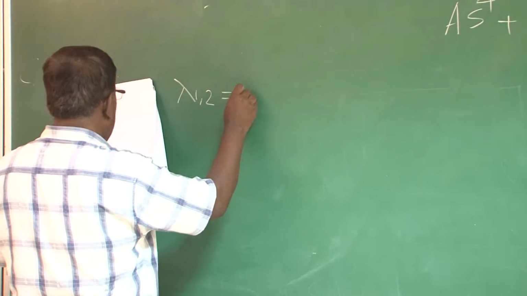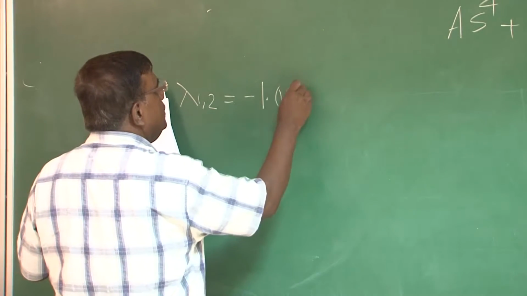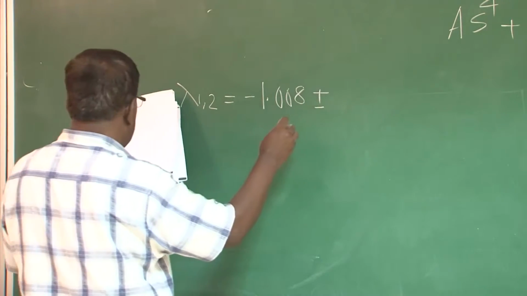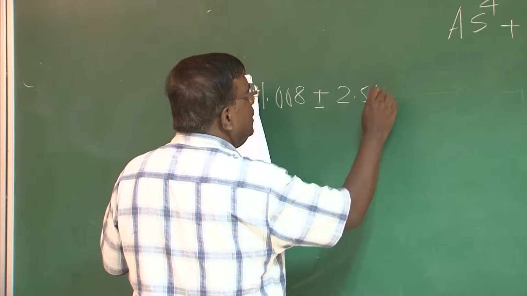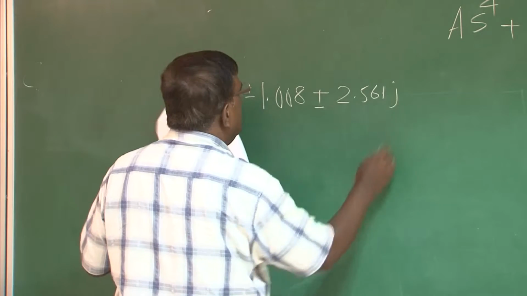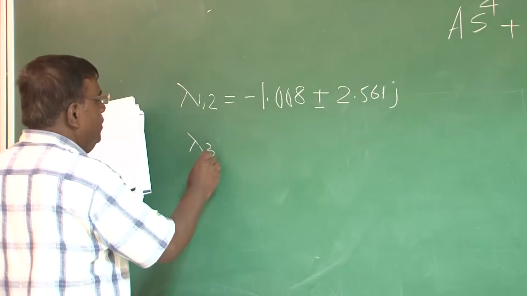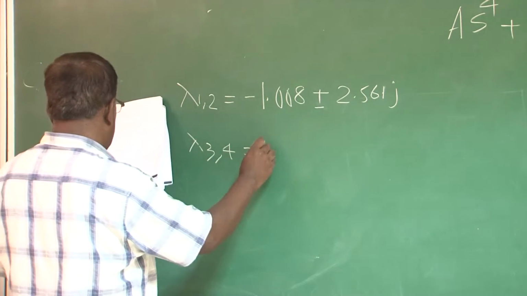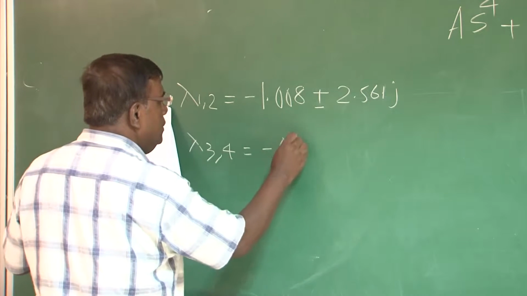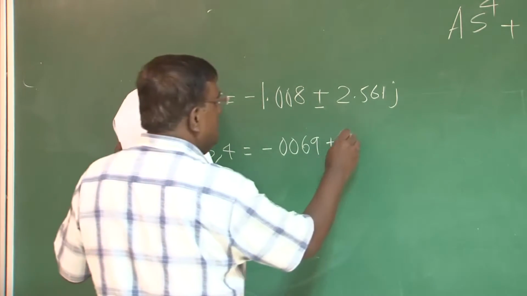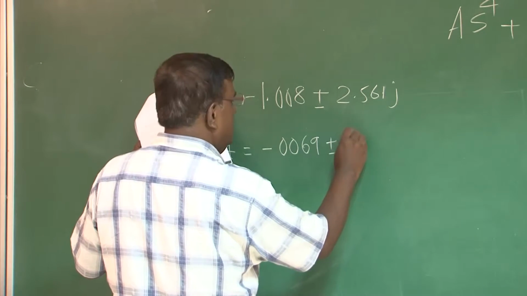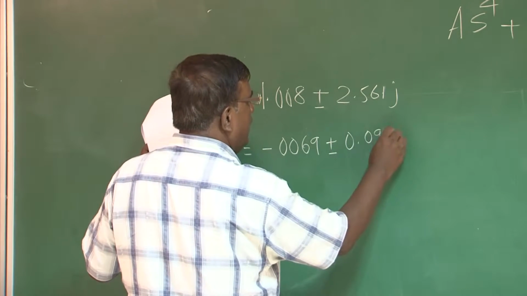Lambda 1, 2 as minus 1.008 plus minus 2.561 j, and lambda 3, 4 as minus 0.069 plus minus 0.0905 j.